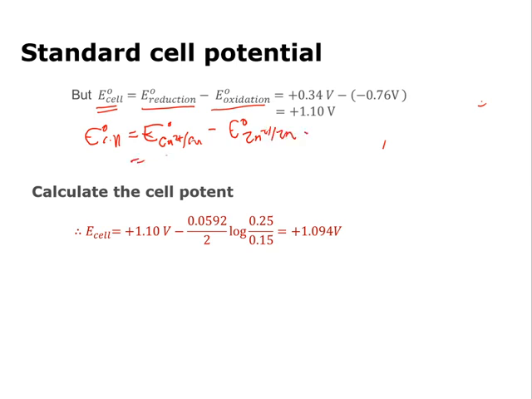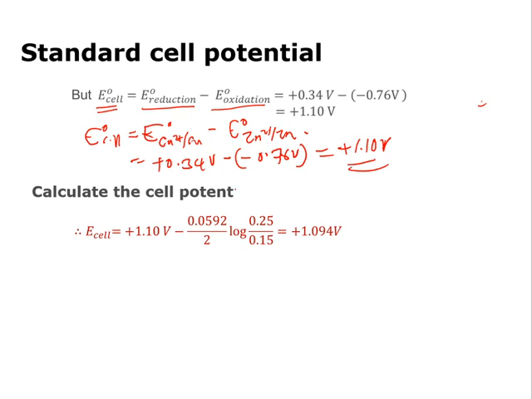So this will be equal to plus 0.34 volts minus minus 0.76 volts, which is basically plus 1.10 volts. That's the standard cell potential.